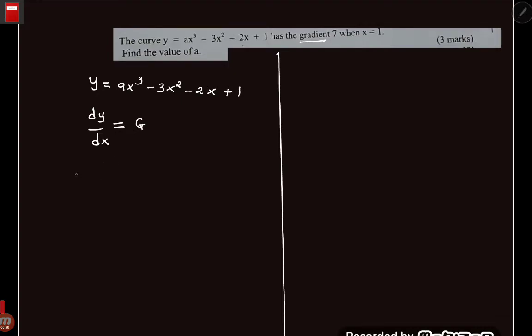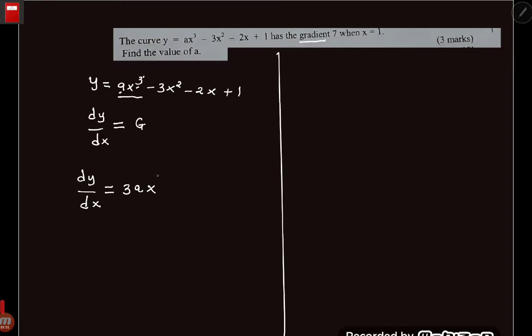When we differentiate, dy/dx will be equal to, we take the power and multiply by the coefficient of the variable x. That would be 3 times a, then x. Now the power, after multiplying by the coefficient, we subtract 1.